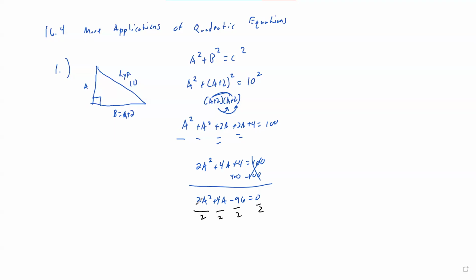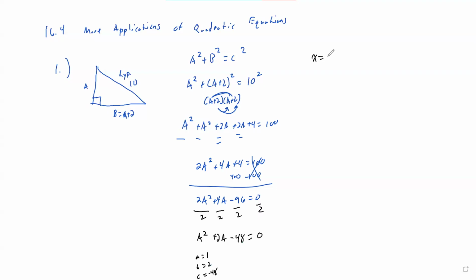So 2A squared divided by 2 gives me A squared. 4A divided by 2 gives me 2A. 96 divided by 2 gives me 48. And 0 divided by 2 gives me 0. Now I can say A equals 1, B equals 2, and C equals negative 48.